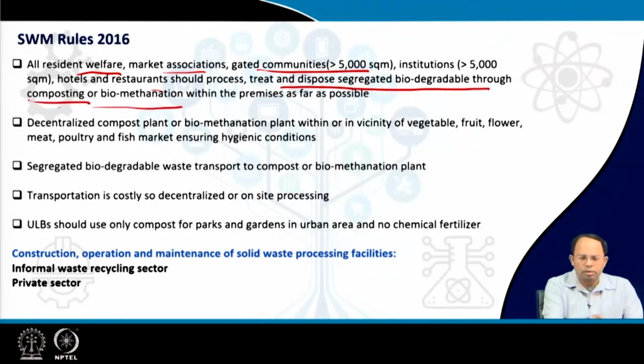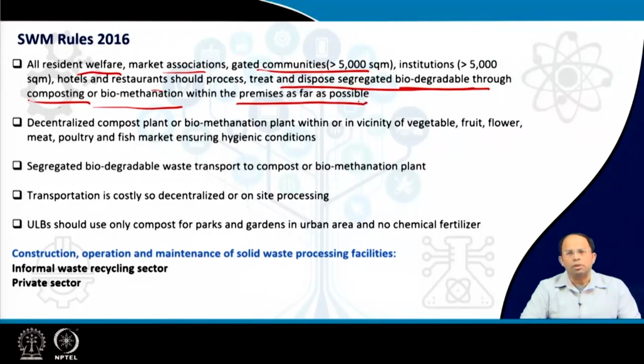Because we are talking about biodegradable waste, segregated of course, this segregated biodegradable waste should be treated via composting, and it should be done within the premises as far as possible.